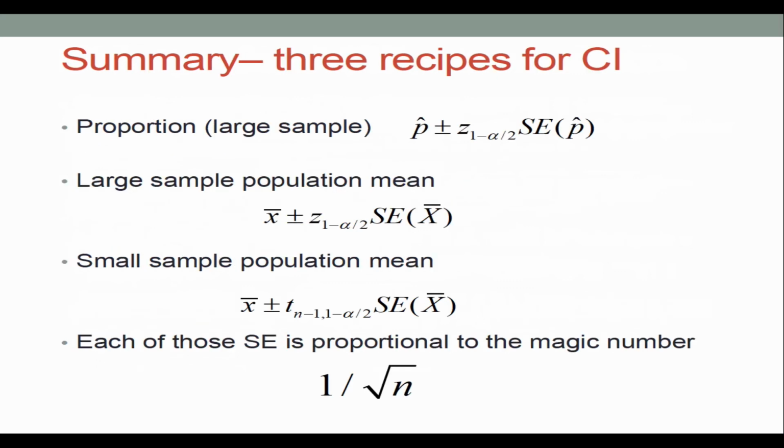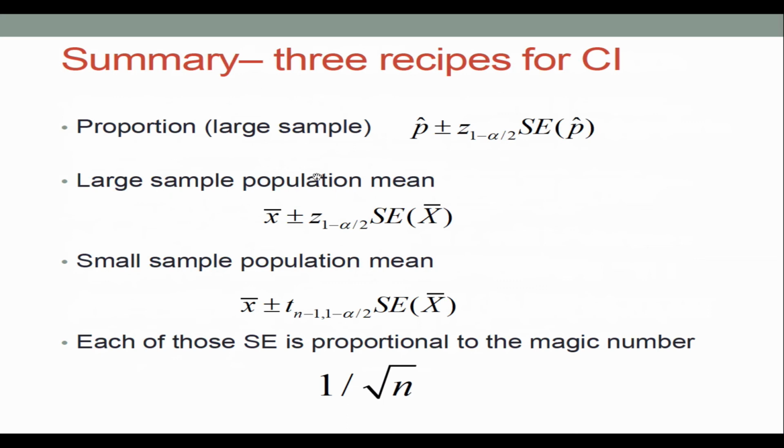So here is a summary. In this lecture, we talked about 3 techniques or 3 recipes for confidence intervals. The first one, the one we just talked about, is for a large sample proportion. We're using the sample proportion plus or minus this critical value multiplied by the standard error of it.